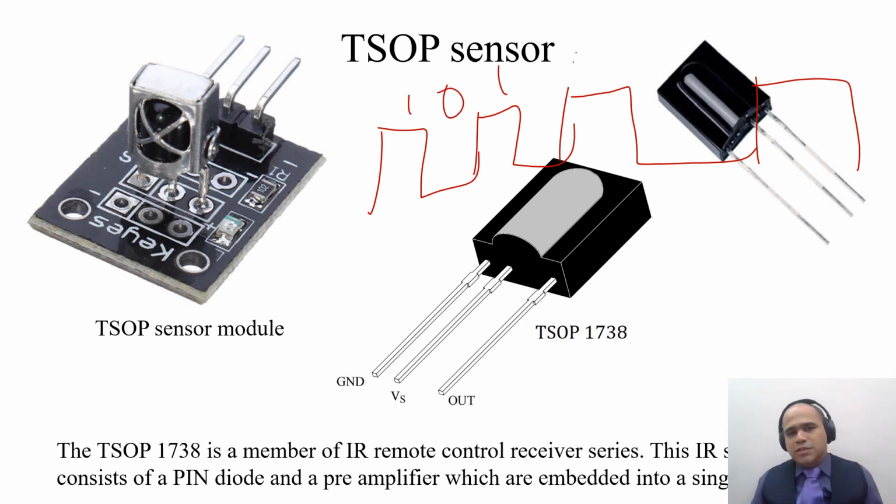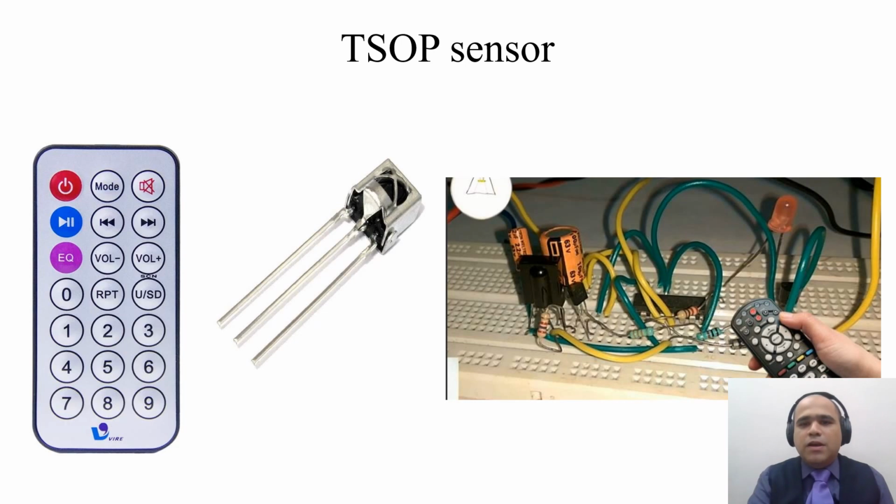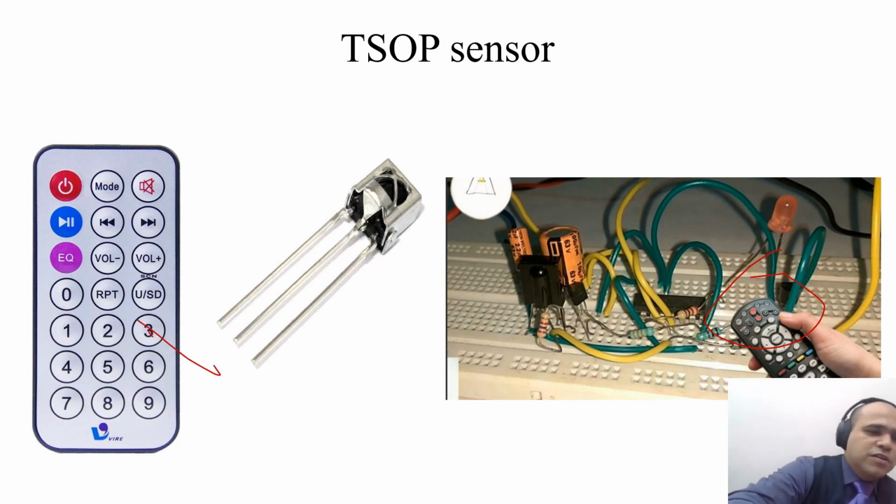This is the extra information that you get with the TSOP sensor. The typical application of the TSOP sensor is with the remote receivers inside a TV, and they can determine which button is pressed, not like a typical photodiode which can only determine whether a button is pressed or not.